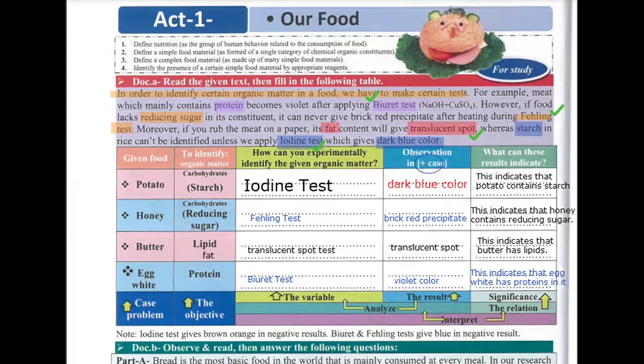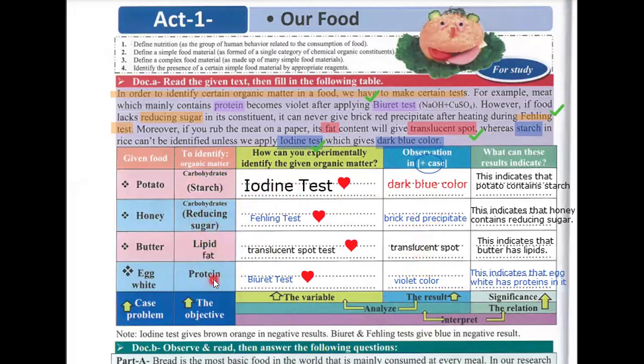Okay, so different food tests. We have the iodine test, Fehling test, translucent spot test, and biuret test. Each one of them is used to detect a kind of food. If they give us positive results, it means those kinds of food are present.